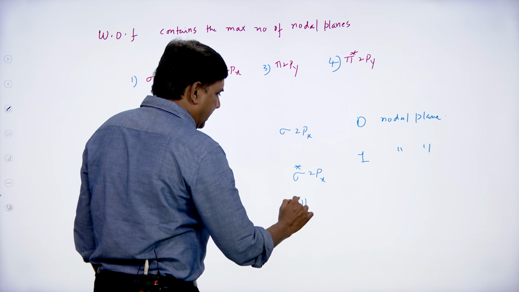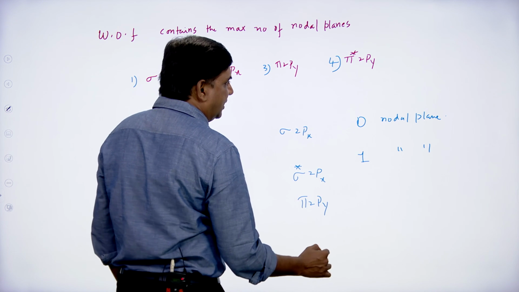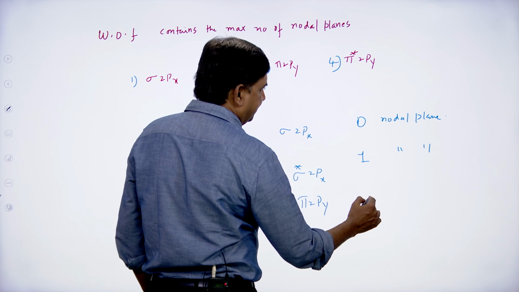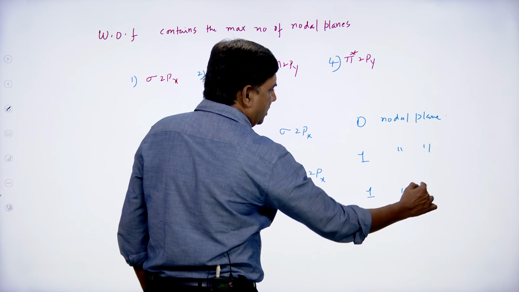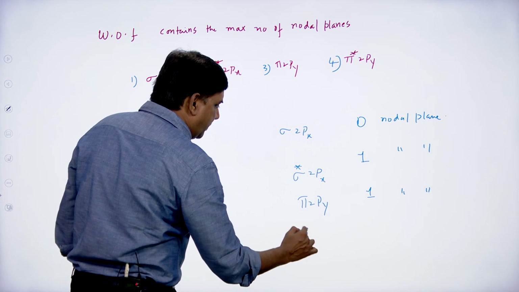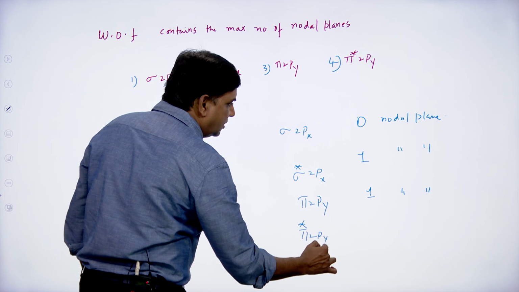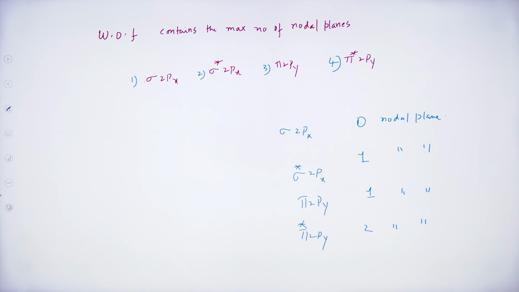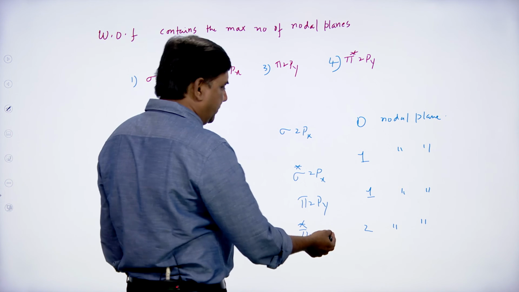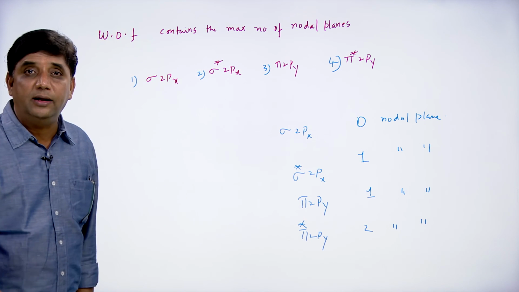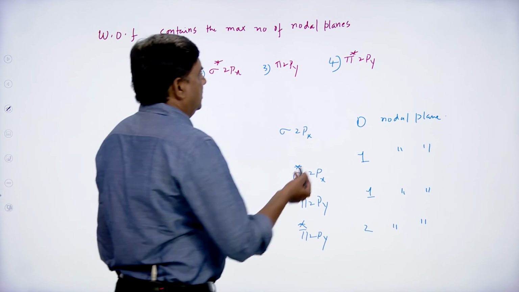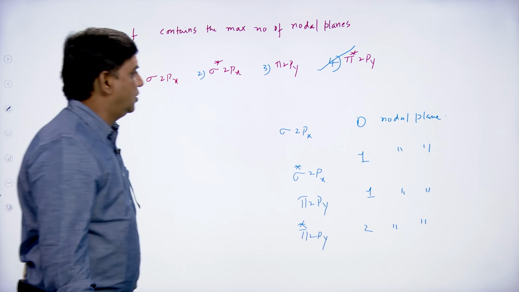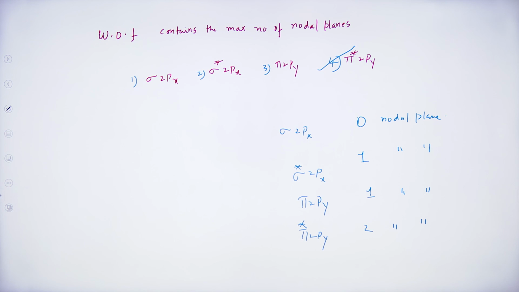Pi 2py contains 1 nodal plane, and pi star 2py contains 2 nodal planes. So the answer would be pi star 2py, pi star 2pz together will contain 4 nodal planes.